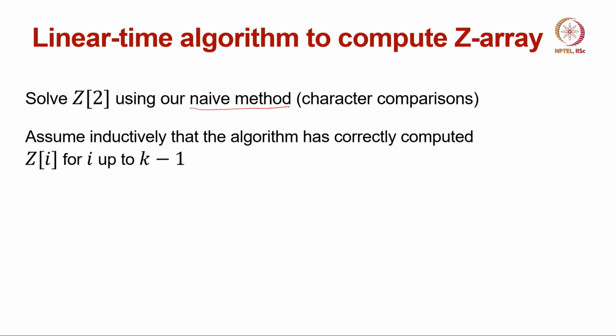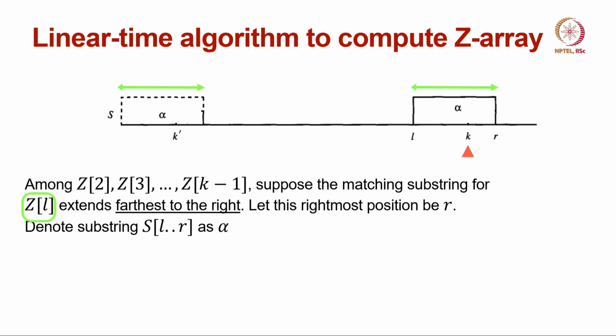Now, assume inductively that the algorithm has correctly computed the values of Zi for i up to k minus 1. Our goal now will be to compute the value of the Z array at position k. So, our goal is to compute the value of Zk, given that we already have access to values Z2, Z3 until Zk minus 1.